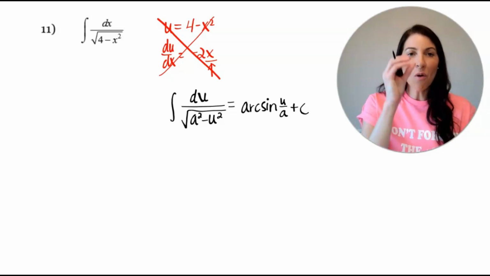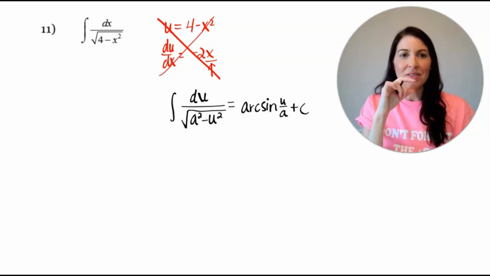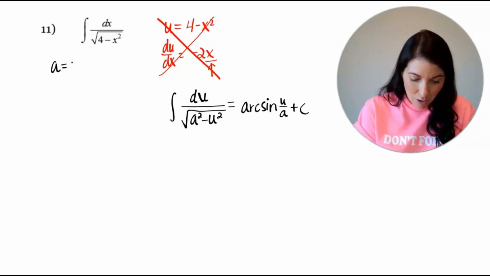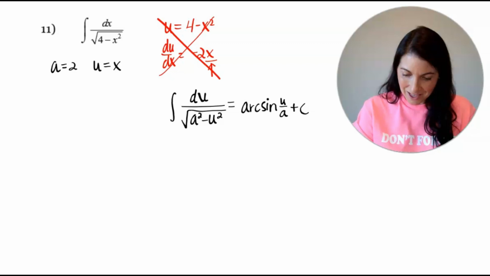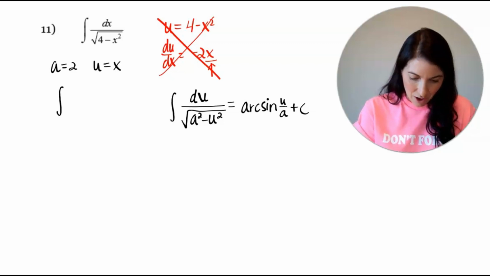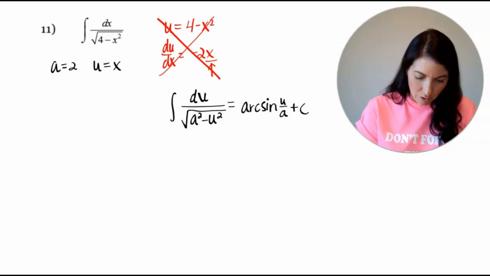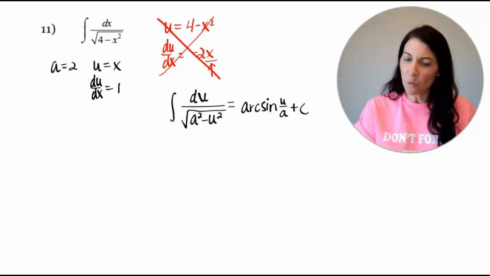Well, can I form what I am given with that integral that I wrote over there with the a's and the u's? And I actually can. So if I make the a be equal to 2 and the u be equal to x, I can rewrite this integral. So first, I'm going to erase this integral here and find the derivative of u with respect to x, and that's just 1.